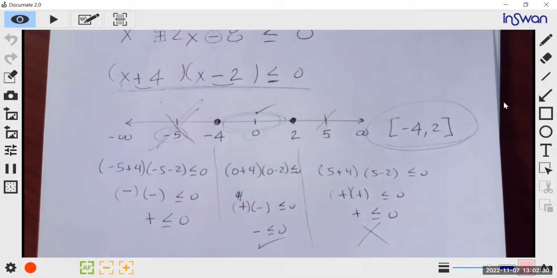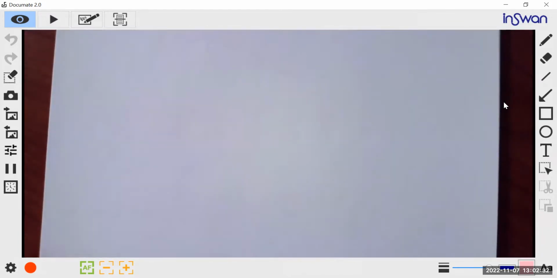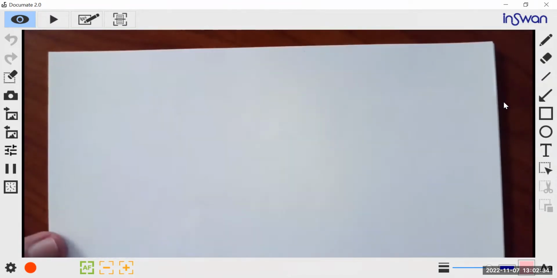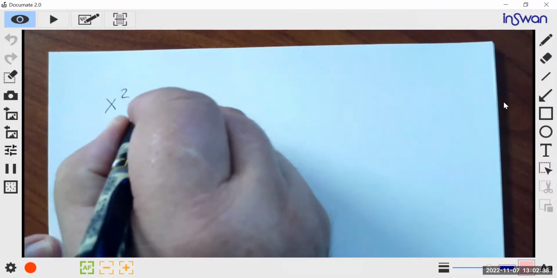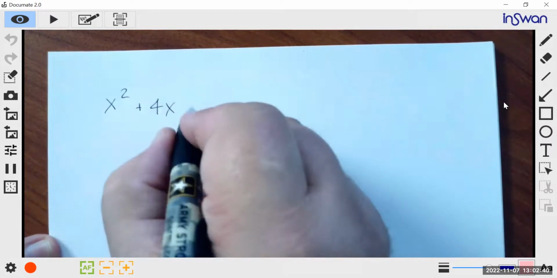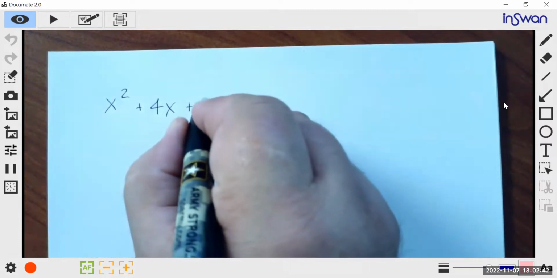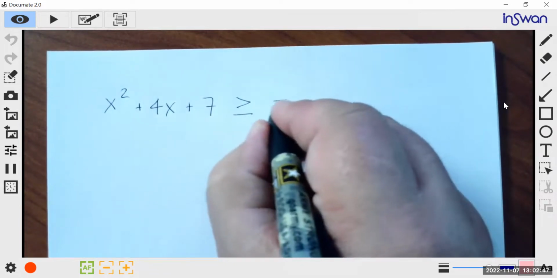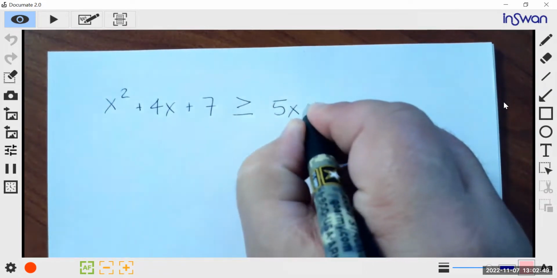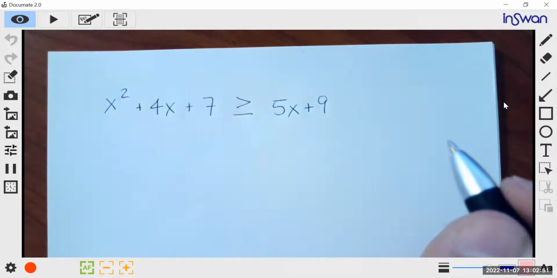Let's try another one. x squared plus 4x plus 7 is greater than or equal to 5x plus 9.